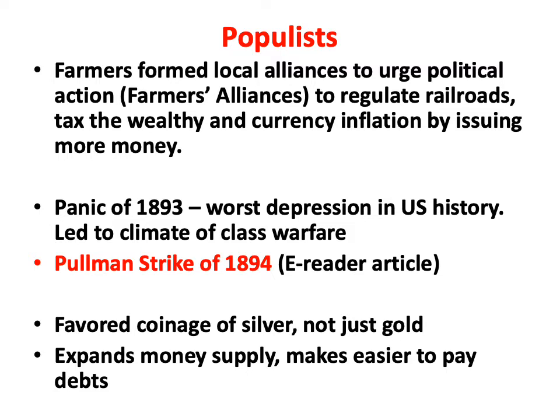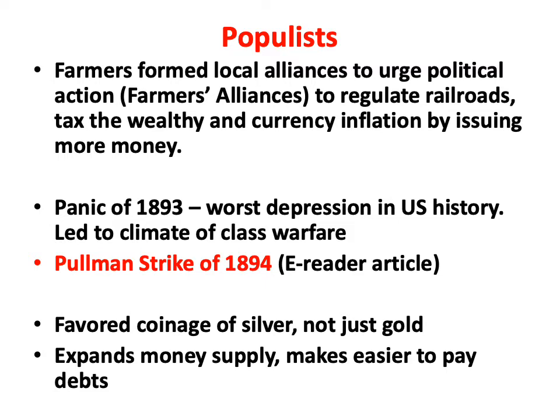There's an e-reader article about this, and this is when the Pullman Company, which manufactured railroad cars, many of the passenger cars, faced a large strike because the workers were required to live in company-owned houses and buy all their food and everything else in company-owned stores.